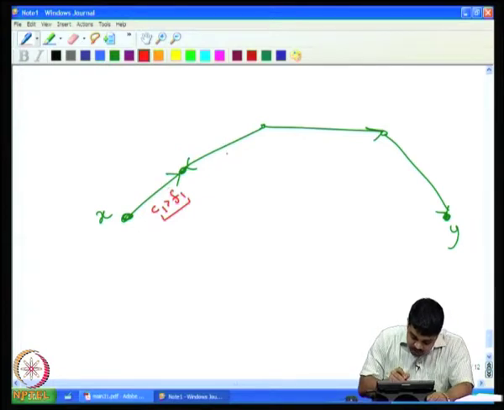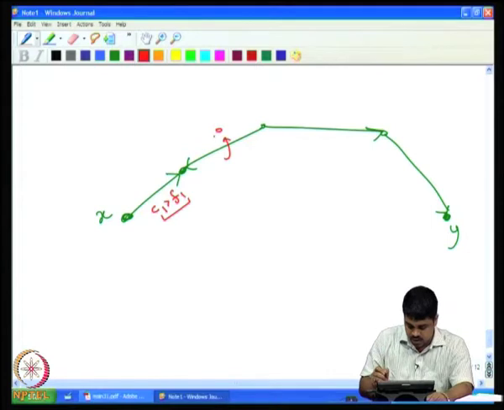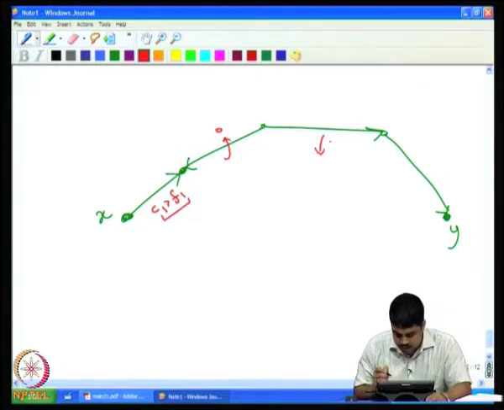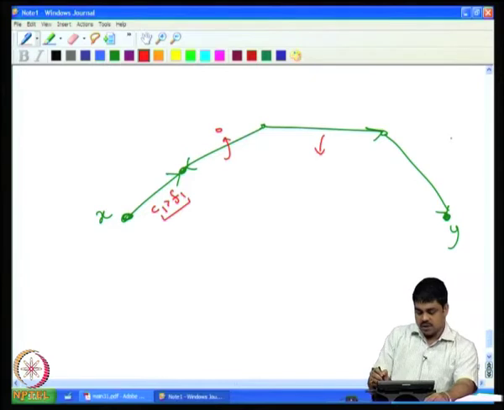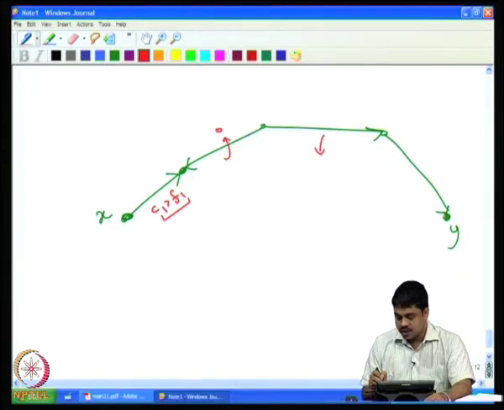On the other hand, here the flow value is not 0, it is more than 0, and here the flow value is less than the capacity, and here again less than the capacity.